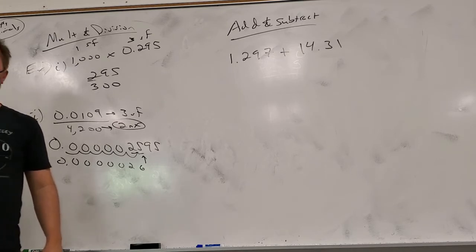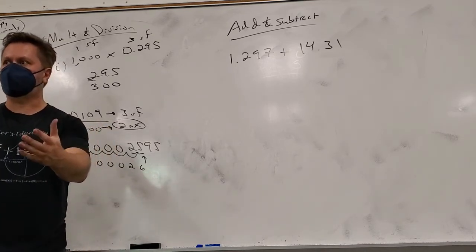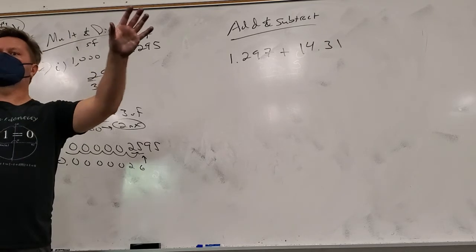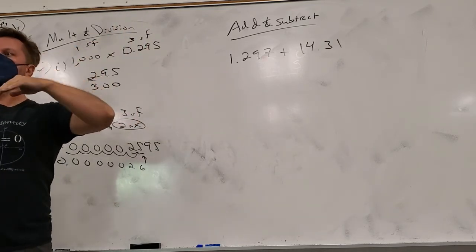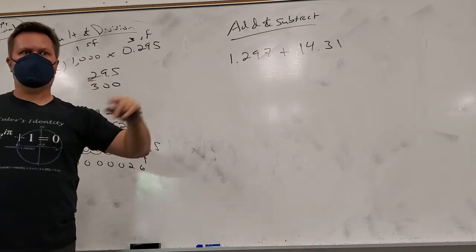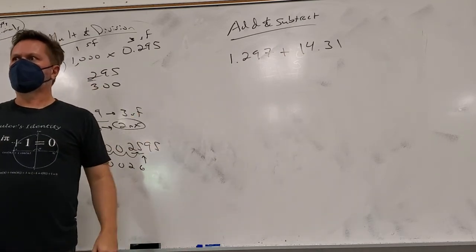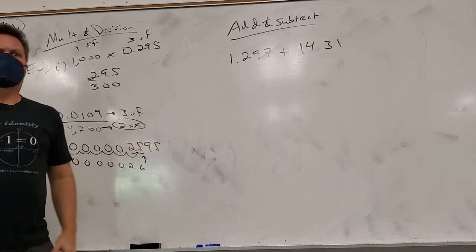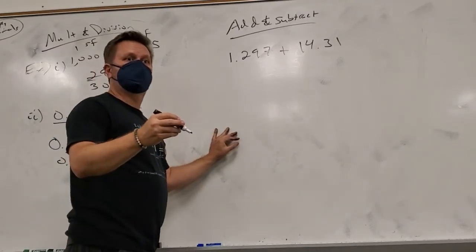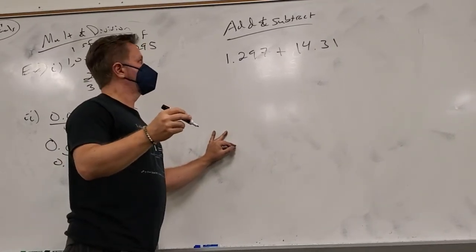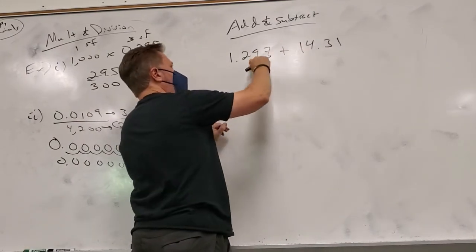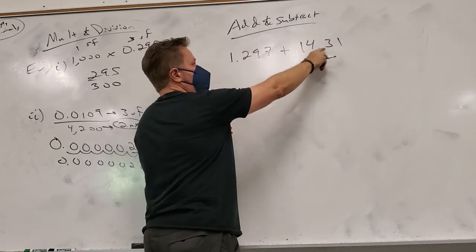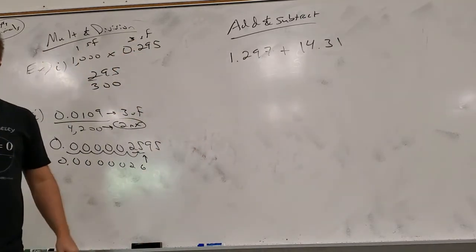By decimal, yeah. The decimal rules the day on addition and subtraction. So for addition and subtraction, the answer has to have the least decimal places any part has. This has 2 decimal places, this has 3. So my answer needs to be rounded to 2 decimal places.